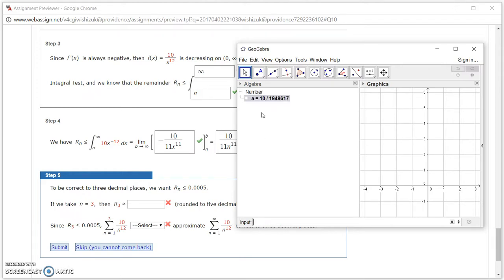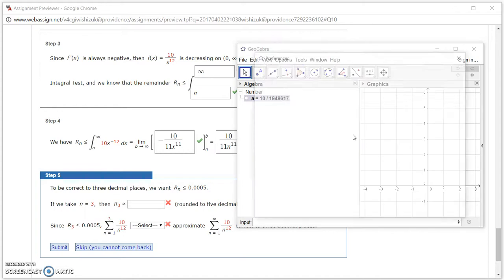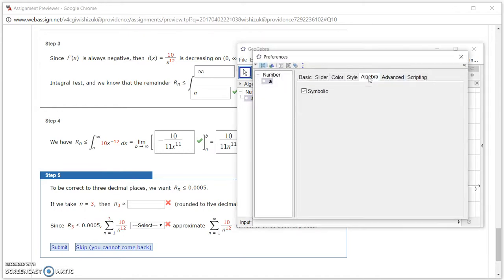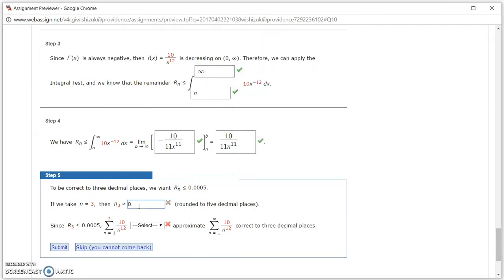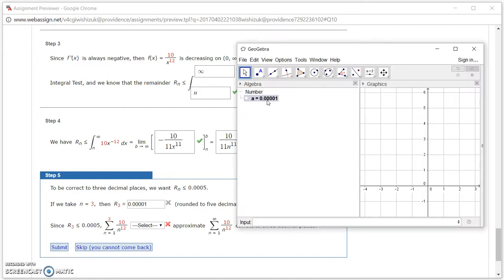I guess we have to turn it into a decimal number. So let's see, object properties, and go to algebra. It's symbolic, that's why it gives you a fraction notation. This value came out to be 0.00001. Make sure I have the same, 5 zeros.